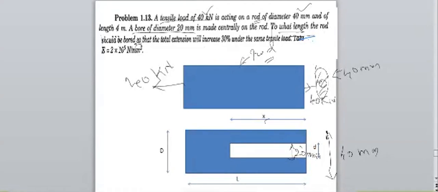So I need to find out x, the depth of the hole we need to make. The total elongation of the rod is increased by 30%.